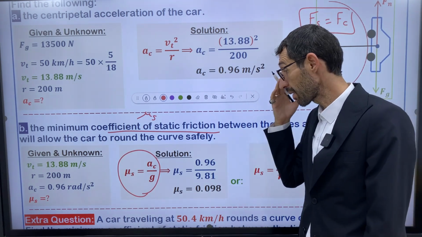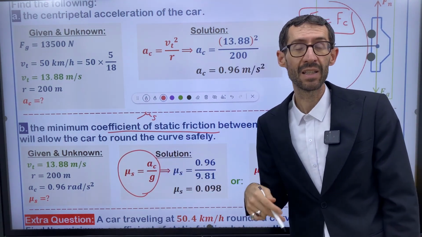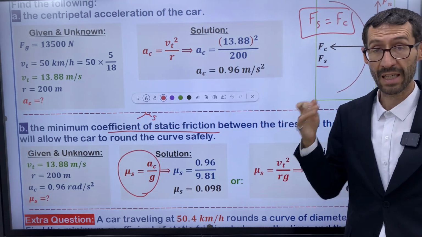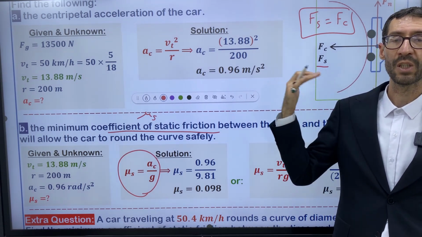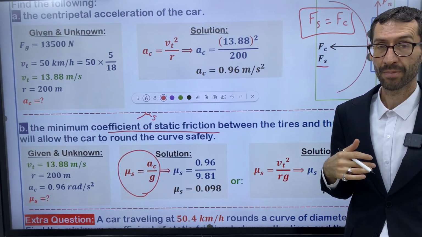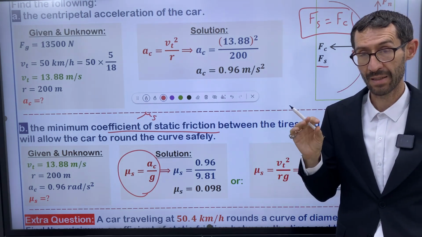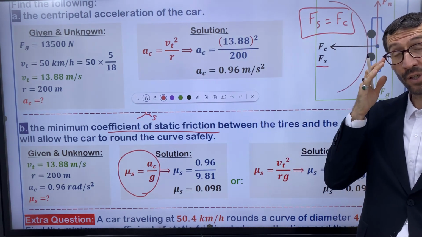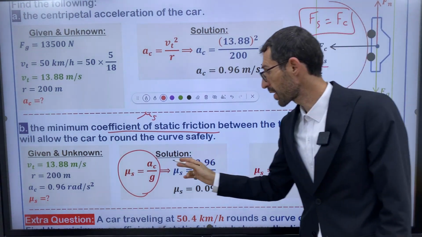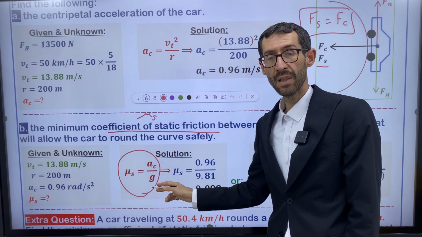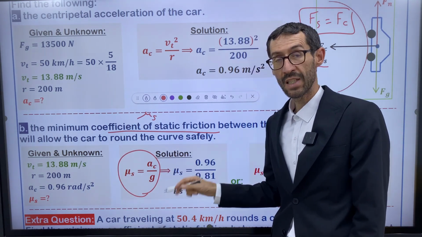So keep in mind that in this subject, mu s becomes a ratio between two accelerations, right? If frictional force is the centripetal force, so centripetal acceleration divided by G to find the mu s directly.